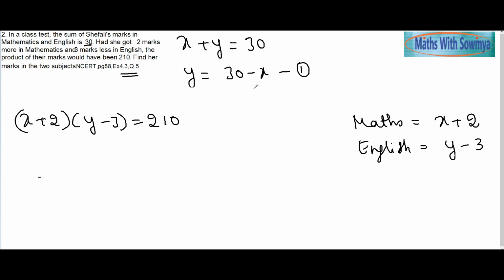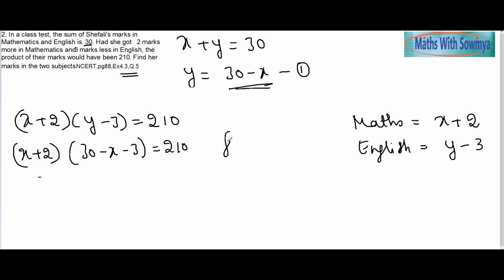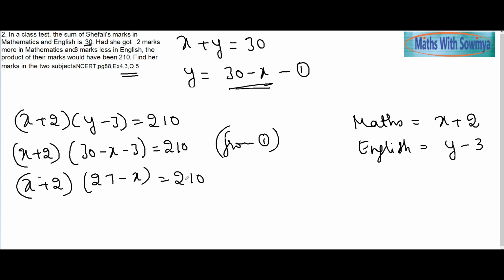X plus 2, Y value we have taken 30 minus X. So we can substitute Y here, 30 minus X minus 3, which is equal to 210. Now this will be X plus 2 times 30 minus 3, 27 minus X, which is equal to 210.